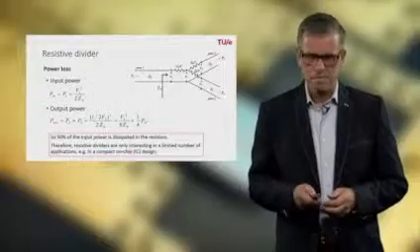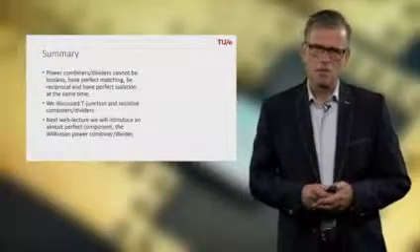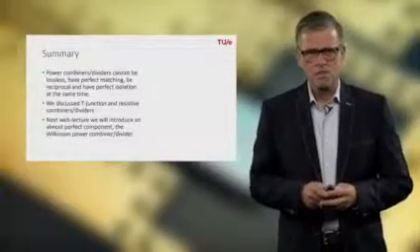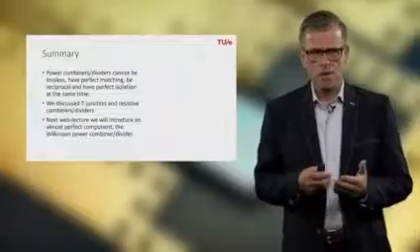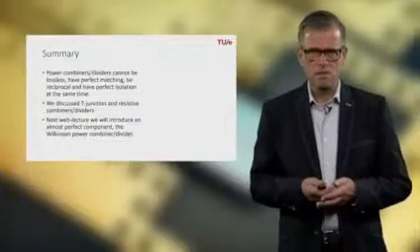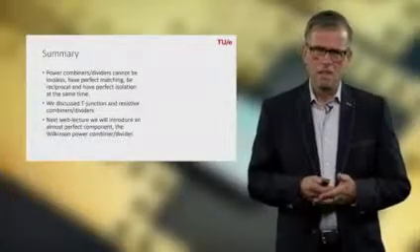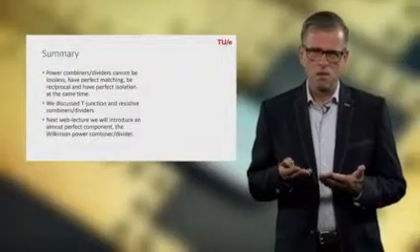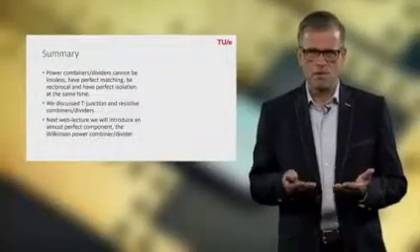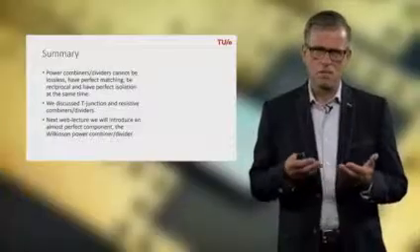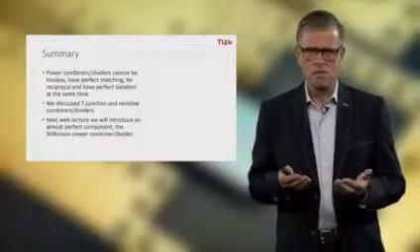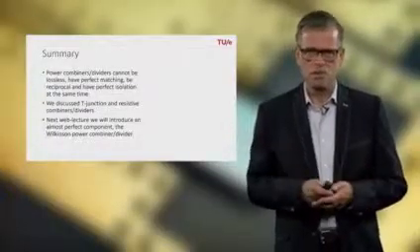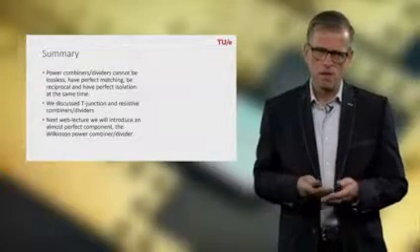Now, to summarize this web lecture, we introduced power combiners and power dividers, and we have shown that you can never have combiners or dividers which are lossless and at the same time have perfect matching at all ports, are reciprocal, and also have perfect isolation between the ports at the same time. So we have to compromise.